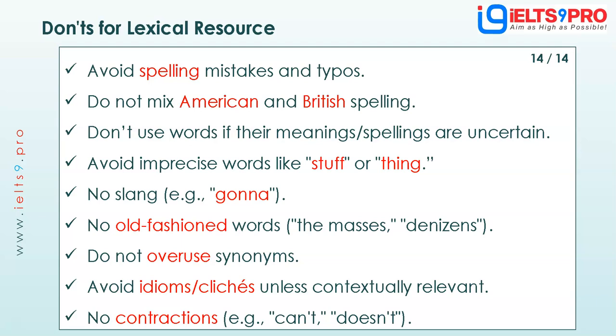If you're not 100% sure, best not to use it. Now, imprecision. A bunch, stuff, thing. You know? No slang words. Awesome. Somebody used this. So, awesome, a bunch of stuff. We don't really use those in academic writing.